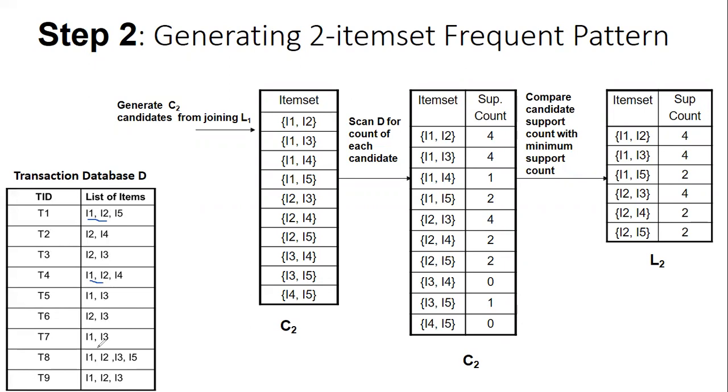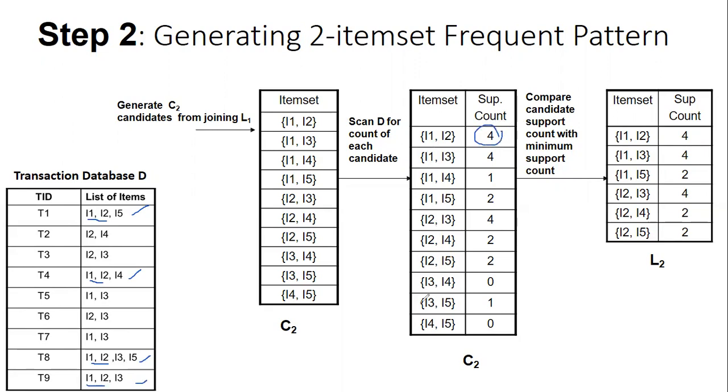Here also I1 and I2 are there. Customer X has purchased I1 and I2. Customer Y also has purchased I1 and I2. So how many counts are there? 1, 2, 3, 4. So the count is 4.